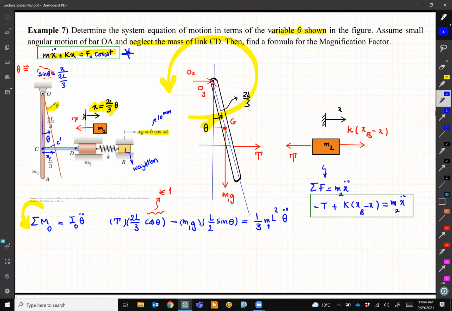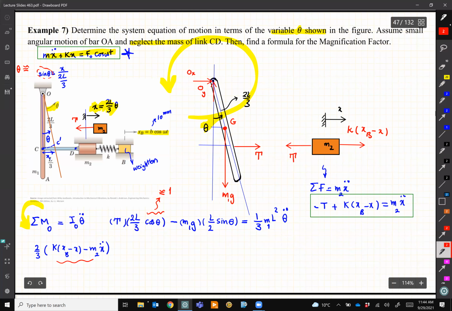I can divide everything by L, so it's going to be 2/3 of T. I replace T by the previous equation that I found, m2 x double dot plus k (xb minus x) minus m2 x double dot.